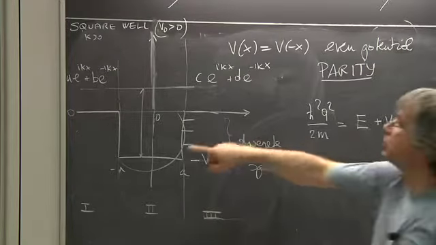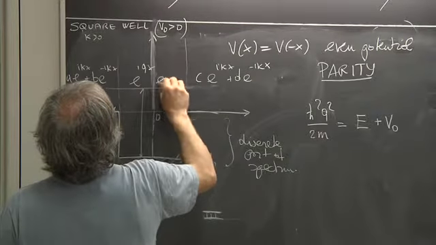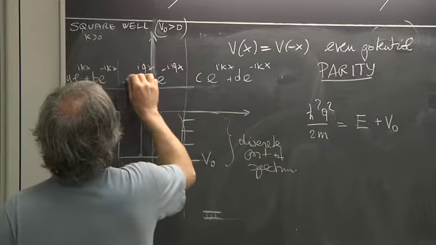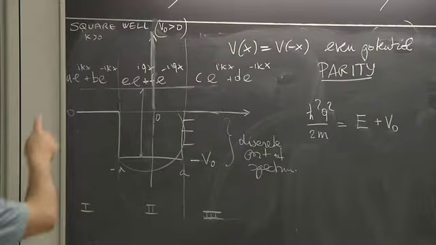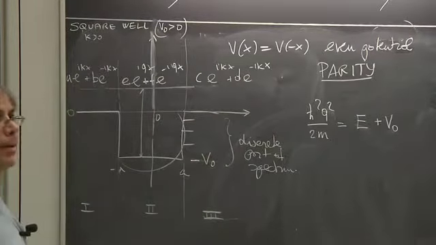So in this region it is e to the iqx and e to the minus iqx with two more constants, say E and F. So you see total 1, 2, 3, 4, 5, 6.